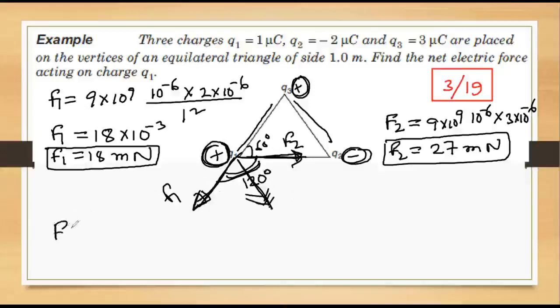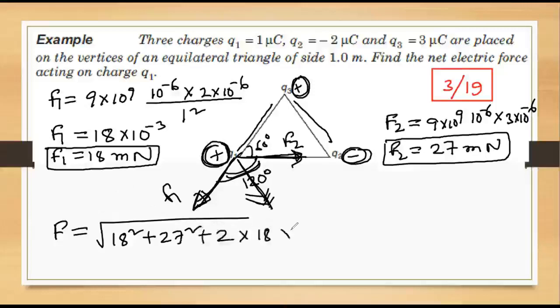F equals under root of F1 square plus F2 square plus 2 into F1 F2 into cos 120 degrees. Cos 120 degrees equals minus half only, and you have to solve all these things.